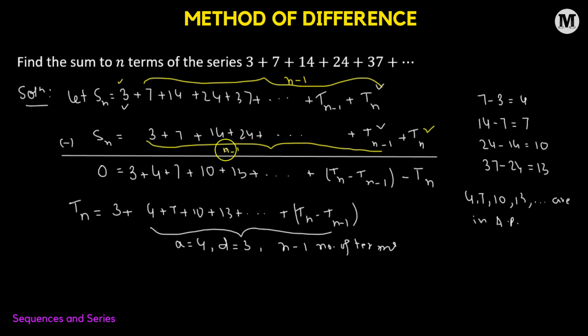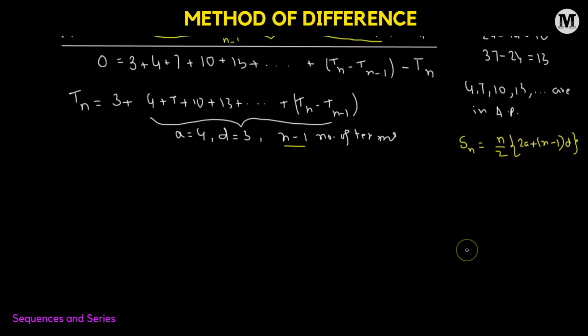Subtracting n minus 1 terms from another n minus 1 terms leaves us with n minus 1 terms. We know there's a standard formula for the sum to n terms of any arithmetic series, given by n over 2, where n is the total number of terms in that series, multiplied by 2 times the first term added to n minus 1 times the common difference d. So let's use this formula. This is going to help us obtain the value of Tn.